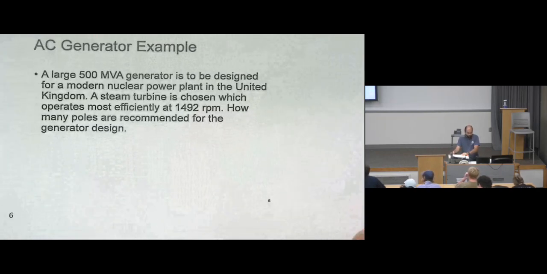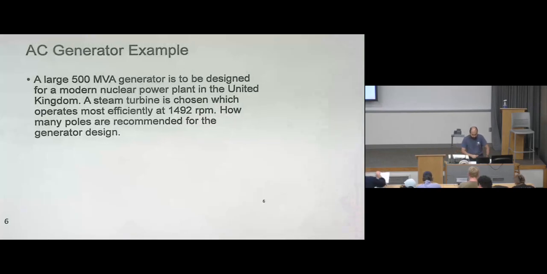Let's look at this example. A large 5,000 MVA generator. What does MVA mean? Mega volt ampere. And this means apparent power. Okay, so let me find that image.